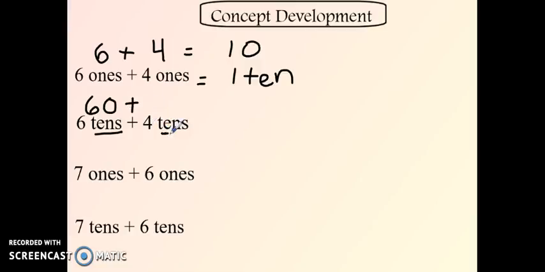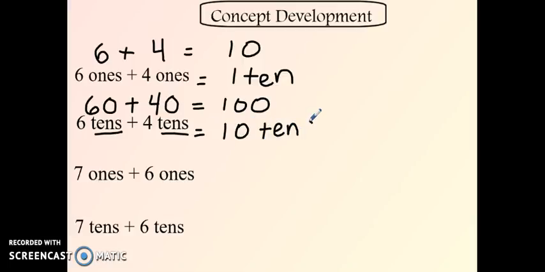Plus 4 tens would be a 4 and a 0, which is 40. 60 plus 40 equals 100. So 6 tens plus 4 tens equals 10 tens, which equals 100.